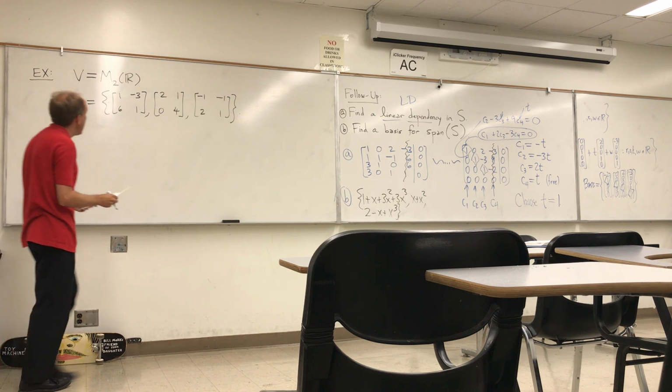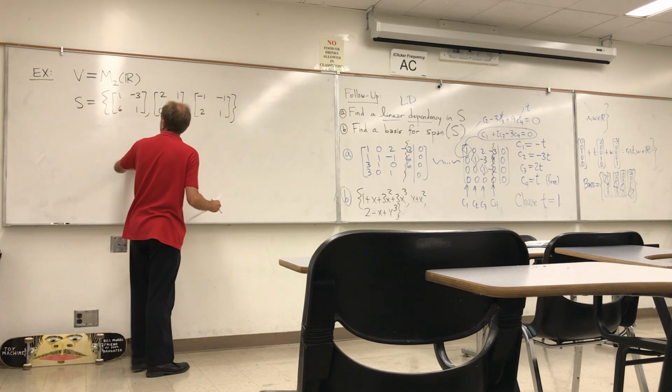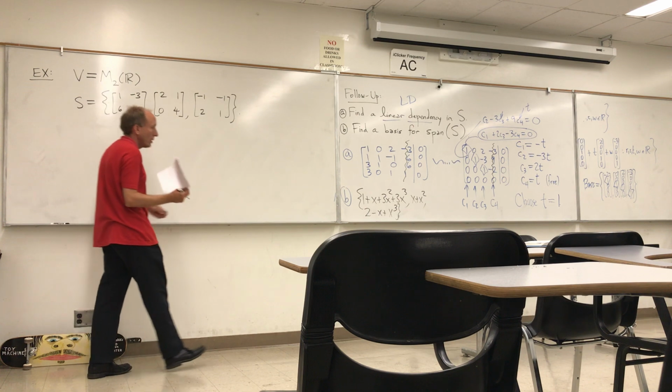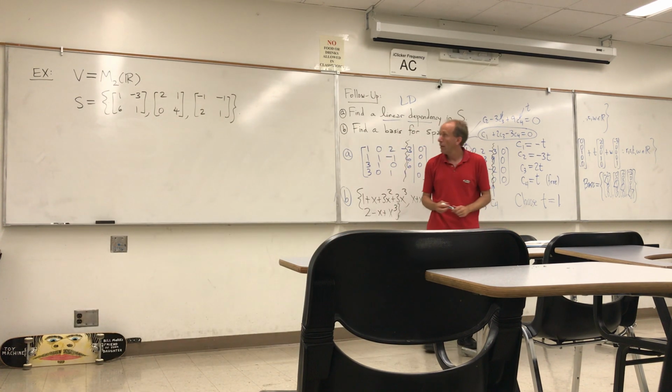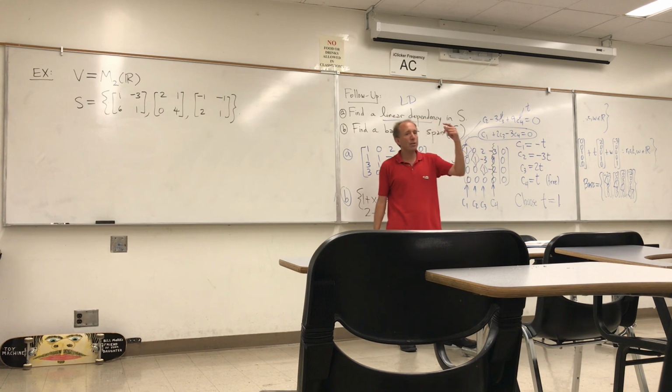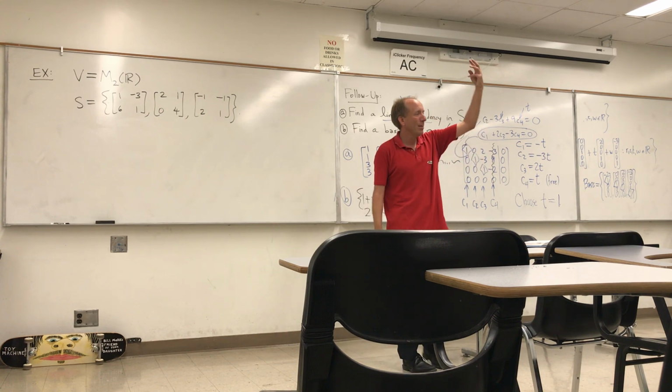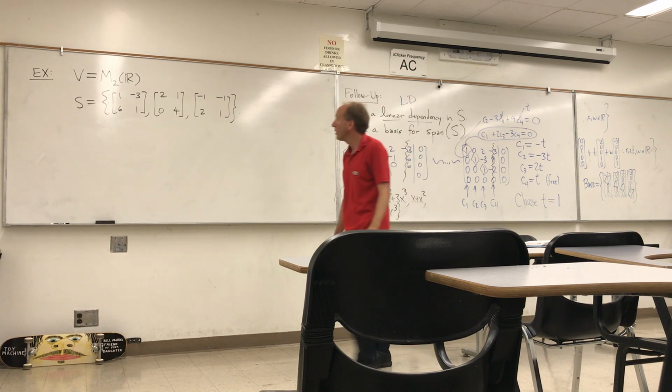Okay, so let's take that set right there, and I want to ask the same question. Are those vectors LI? Do they span the space? Are they both, or are they neither?